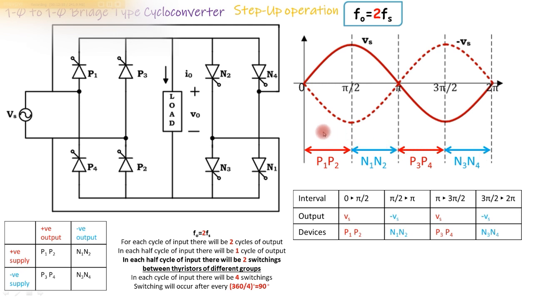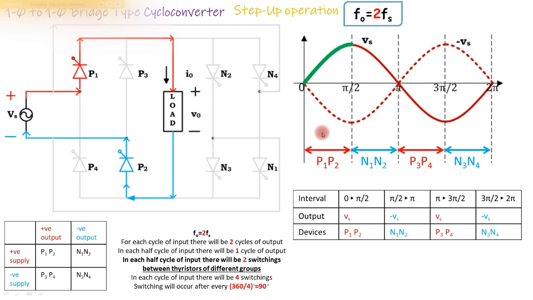How? Let us take the case of the first interval. In the first interval, as we have already decided that we must obtain positive output and the supply is positive, according to this table, thyristors P1 and P2 must be fired.